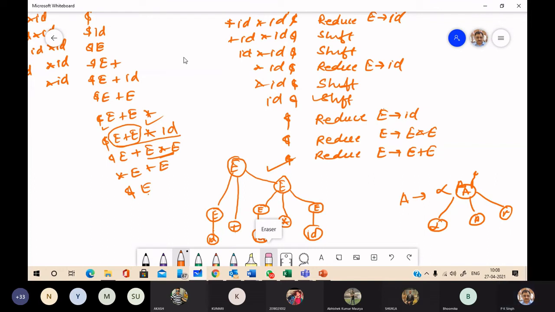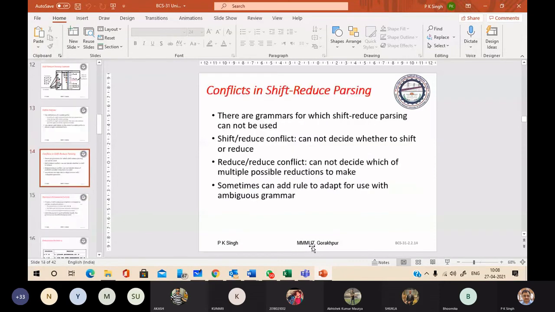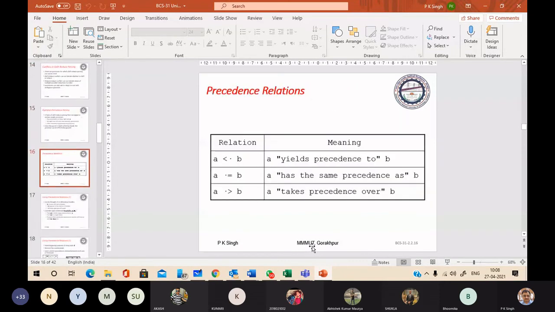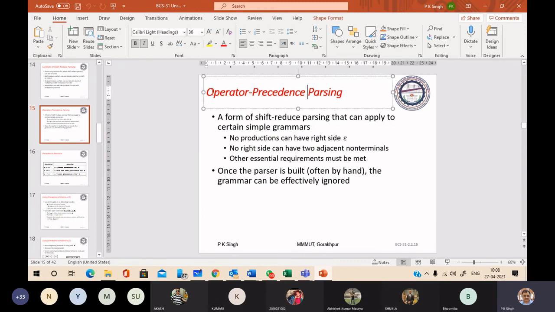But now, come to how we handle the operator grammar. To handle the operator grammar, we have a special parsing called operator precedence parsing.